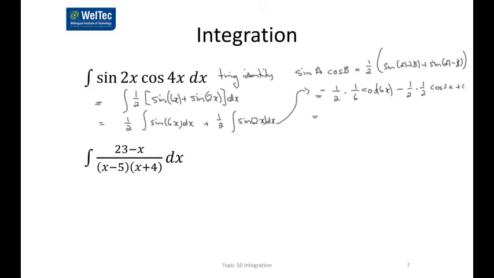Tidying that up, that would give us negative a 12th cos 6x minus a quarter cos 2x, don't forget, plus c.